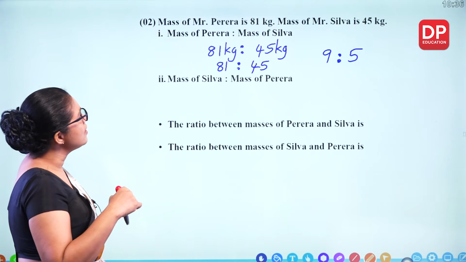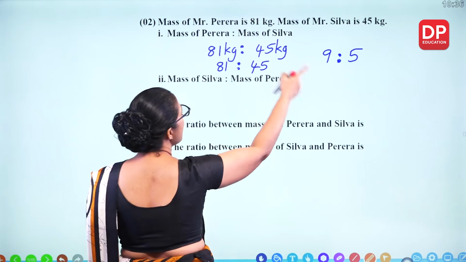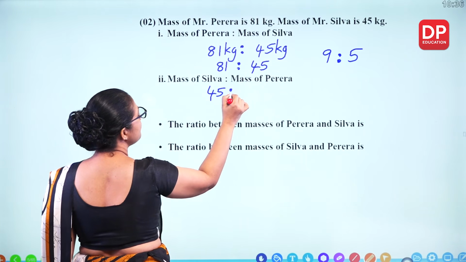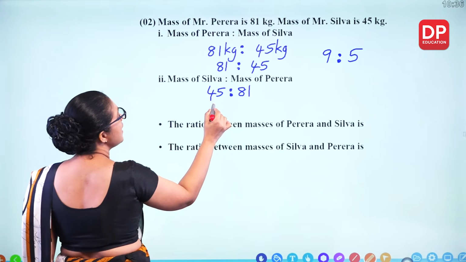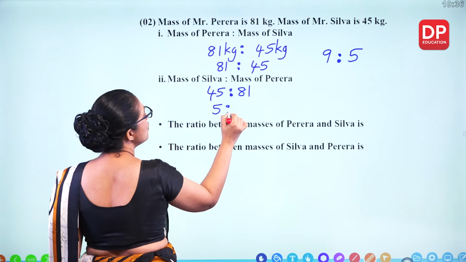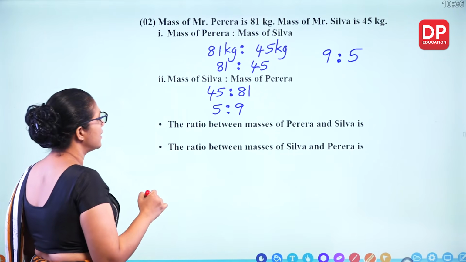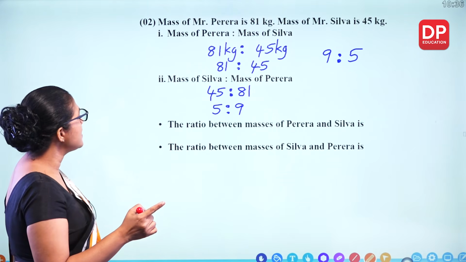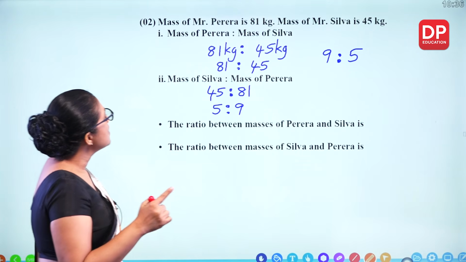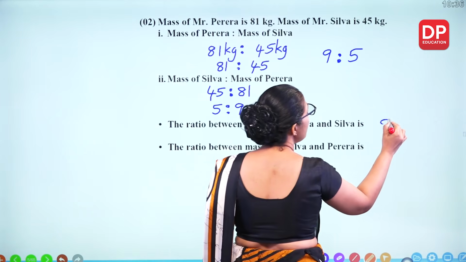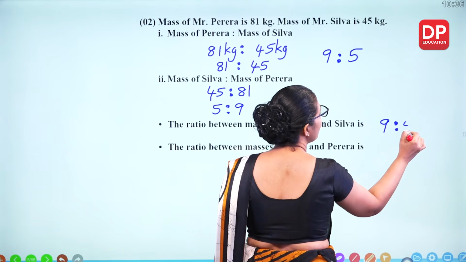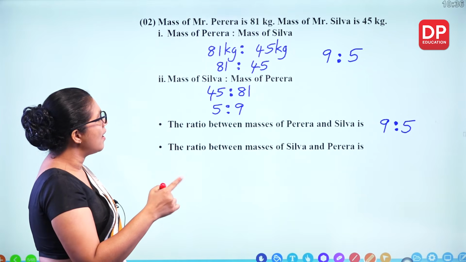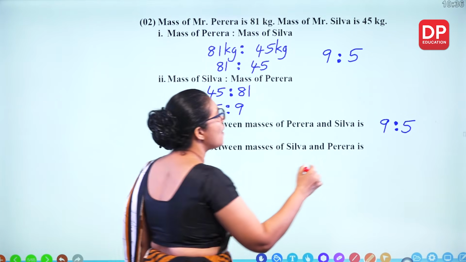Other way around, you can straight away take 45 to 81 now. Divide by 9, that's 5 to 9. So the ratio between masses of Pereira and Silva is 9 to 5. And the other ratio, masses of Silva and Pereira, is 5 to 9.